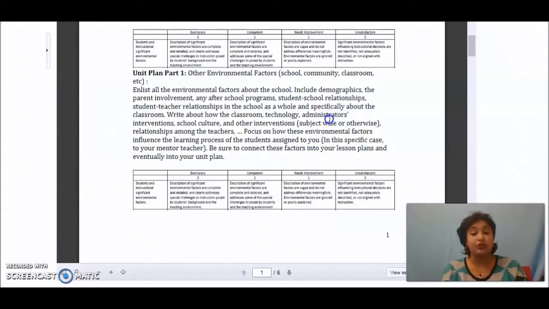If you have a Facebook, you can always like Burgess Elementary on Facebook, which will also provide you a lot of information for the environmental factors. The environmental factors have to cover the school, which comes from the Texas report card; the community, which will come from your research; and then the classroom, which will be a little bit of your assumptions.